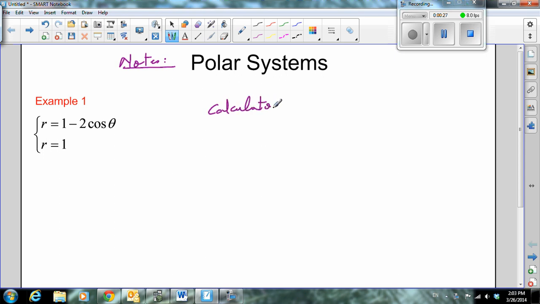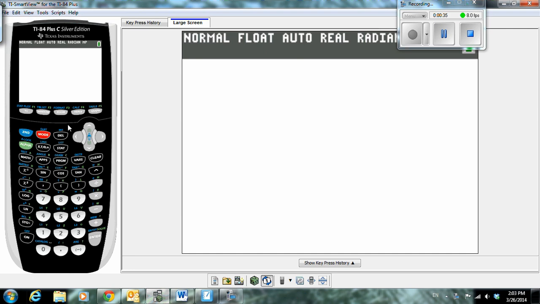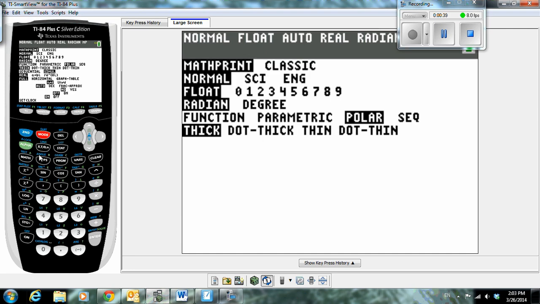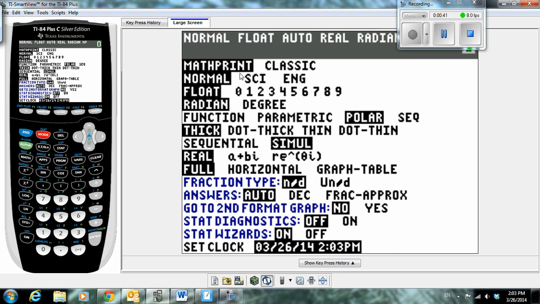What I want you to do is on your calculator, go under mode. I will just show you on my calculator. The first thing I will do is press mode. After pressing mode, you want your calculator to be in radians. Beside radians, you also want to put your calculator on polar.